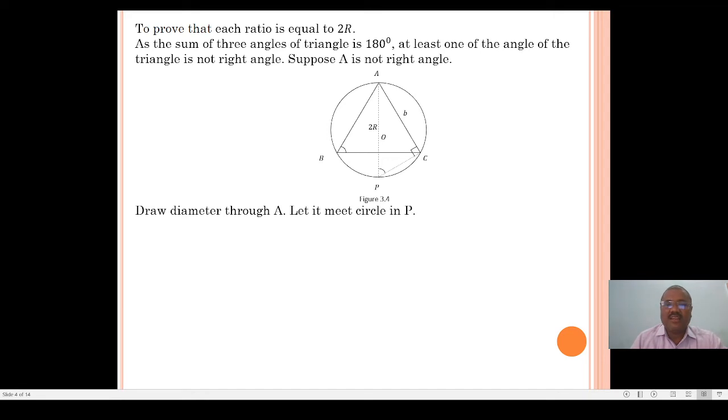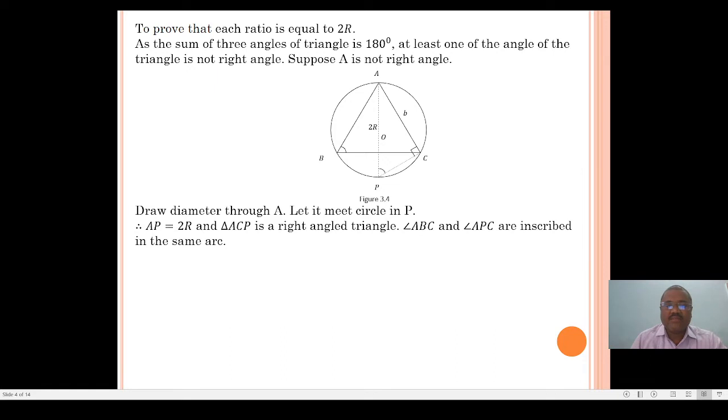In the circle, all the vertices of the triangle lie on the circle, and we draw a diameter through A and it meets the circle at point P. So AP equals 2R, where R is the radius of the circle, and triangle ACP is a right angle triangle. So we join CP also.